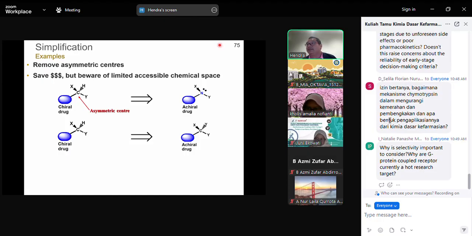Next one, Harriet, in the context of drug discovery, how do we decide whether to use phenotypic screen or target-based screen? Quite simple, Harriet. If you know the target, you start with a target-based screen because that saves you a lot of time down the line. You have better control over what you are trying to make in your library.